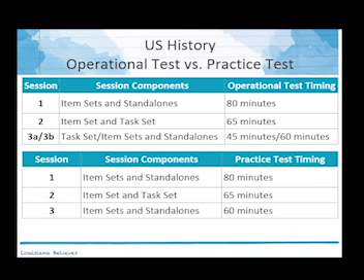For U.S. history, it's slightly different. In the operational test, session 3 is split into 2 parts, where there's a task set and then item sets and standalone. And so the timing is split into 45 minutes and 60 minutes. The practice test does not have the extra task set, and so we say just time session 3 at 60 minutes.